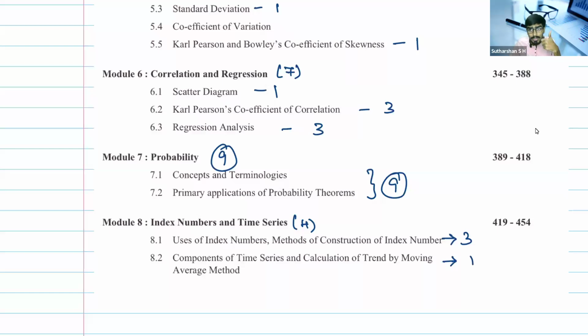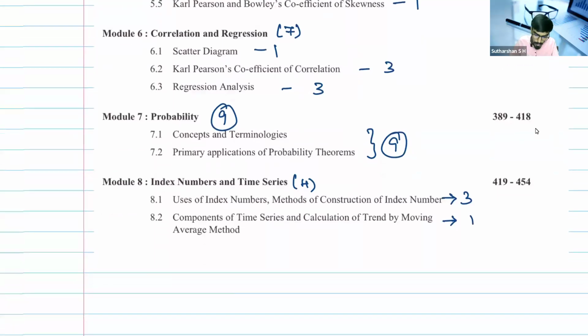And I will also tell you that you will not only solve the CMA study material questions. Along with that, I will add a few moderate questions and some tough questions from CA Foundation.